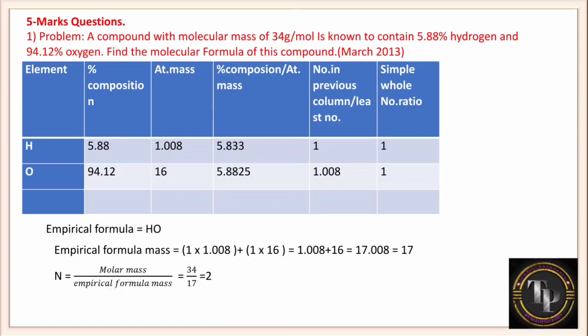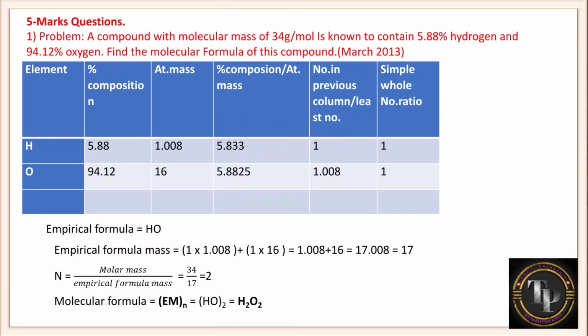This n value should be multiplied with the empirical formula to get the molecular formula. HO into n means H into 2 is H2, O into 2 is O2. Hence the compound is H2O2, the exact molecular formula.